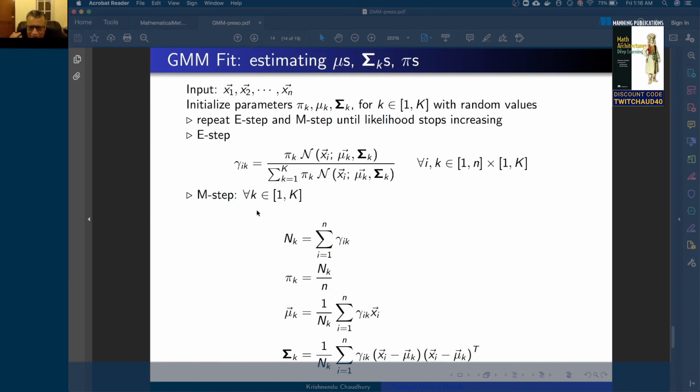Eventually, it can be proved that this technique improves the approximation in every iteration. Remember, we started with random values. In every iteration, it improves the approximation by just a little bit. So if we keep doing this a sufficient number of times, eventually we will converge to some good values.